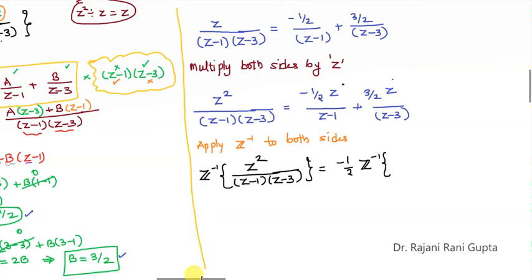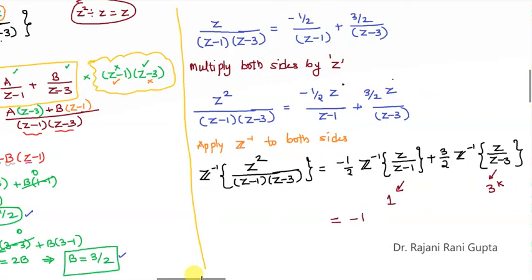So it is the inverse z transform of z over z minus 1, plus again 3 over 2 is a number, take it outside, multiplied by the inverse z transform of z over z minus 3. Now using the rule, this gives you 1, this gives 3 power k. So we will get the final answer as minus 1 over 2 times 1 plus 3 over 2 times 3 to the power k, and we are done.